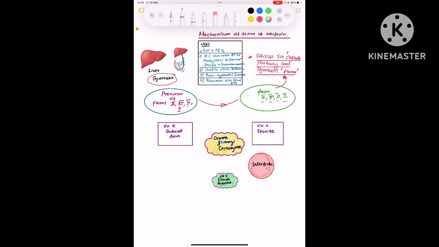When these active forms are formed, they are utilized in the cascade pathway, and they lead to the ultimate production of fibrin, which is involved in our coagulation system, right?